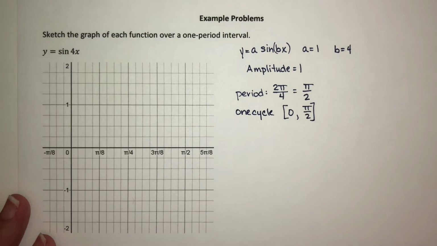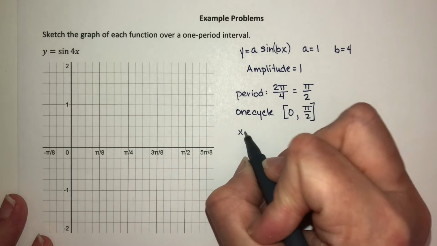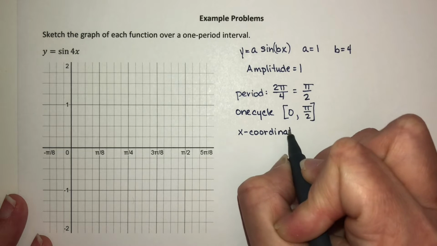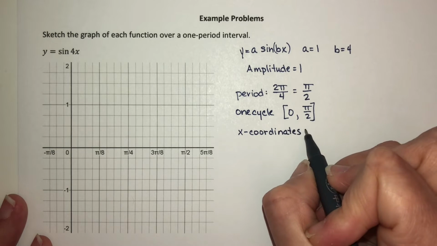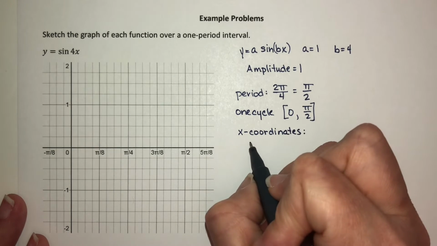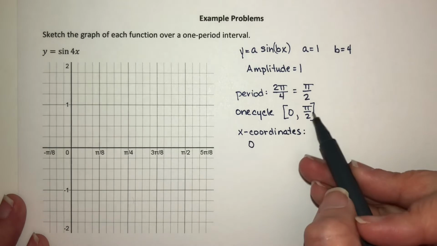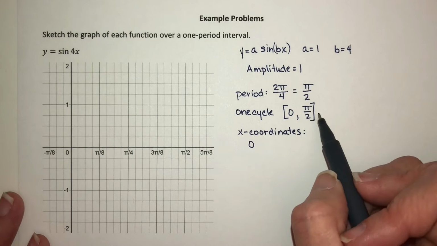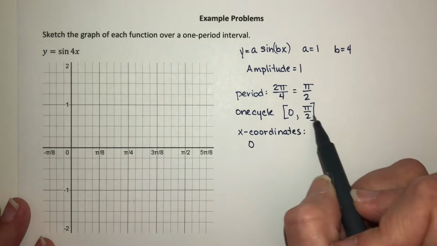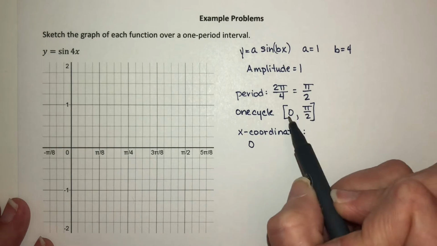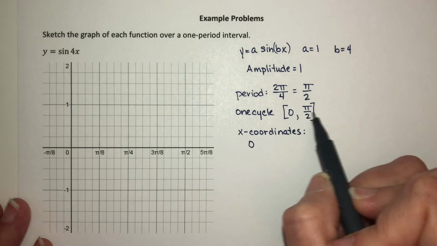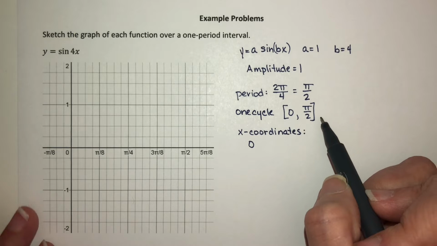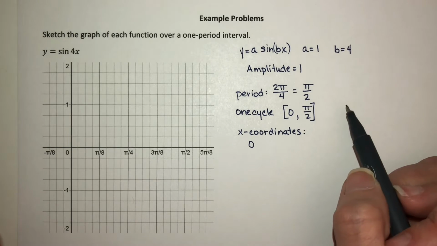Now, the x-coordinates, okay? Your first one is going to be 0. Your last one is going to be pi over 2. If we find the distance of this and then break it into 4 pieces, so the distance between 0 and pi over 2 is pi over 2. If you divide that into 4, that's pi over 8.